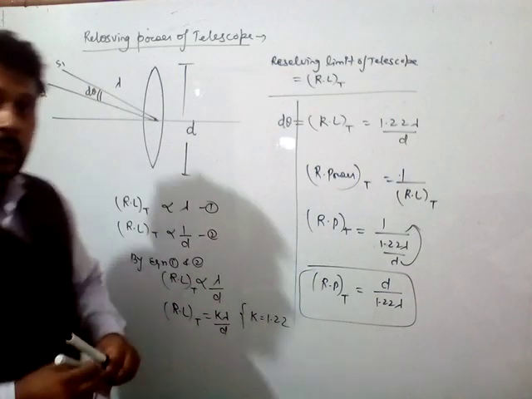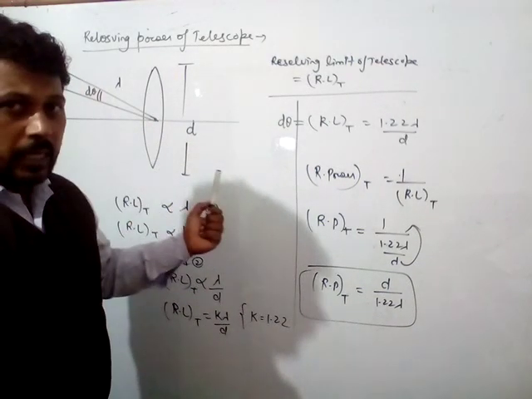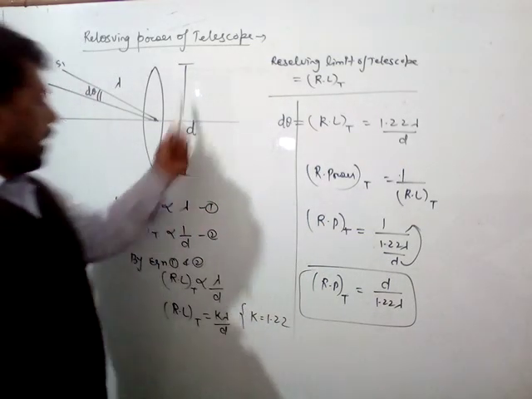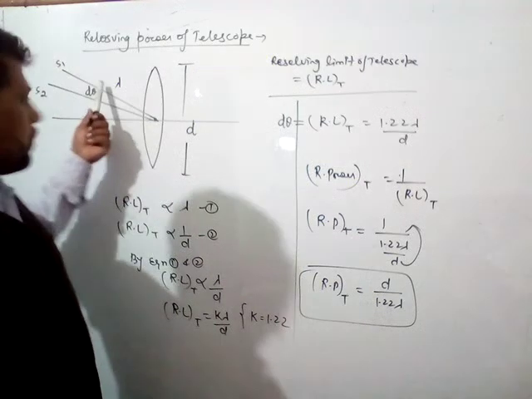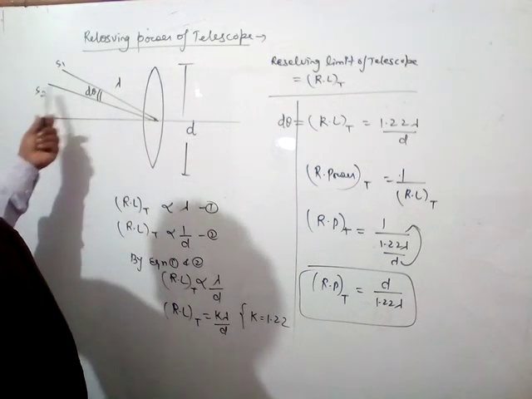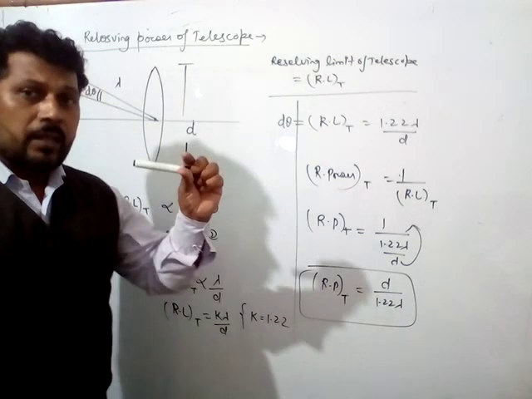Here d is the diameter of the convex lens used in the telescope, lambda is the wavelength, and two sources S1 and S2 have gap d theta, which is the resolving limit.